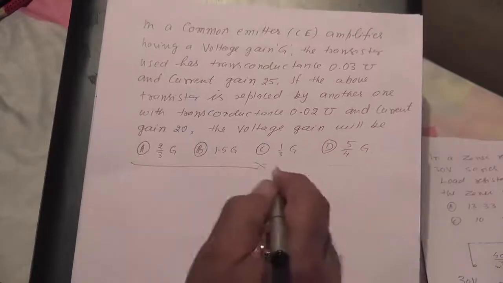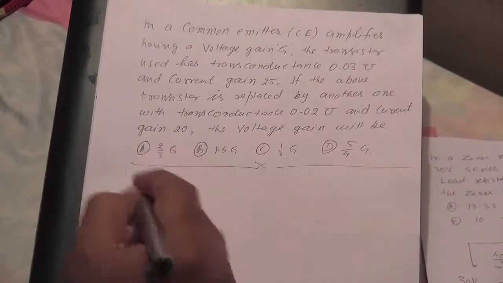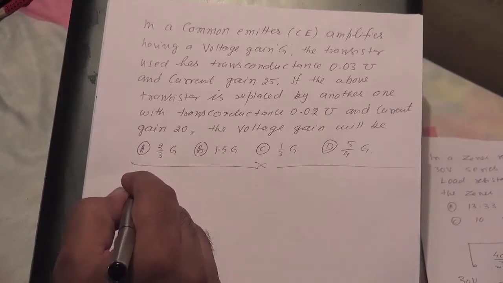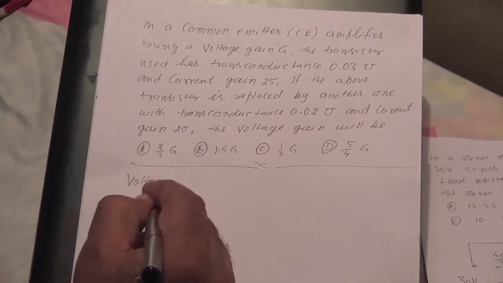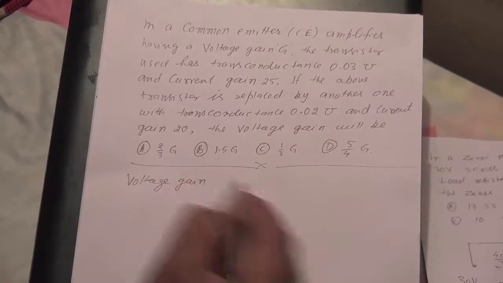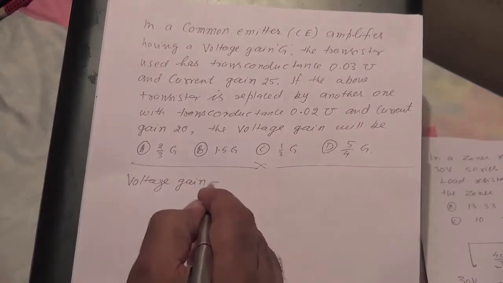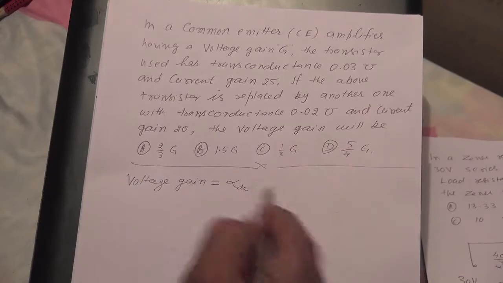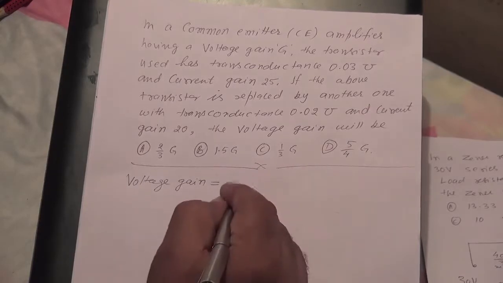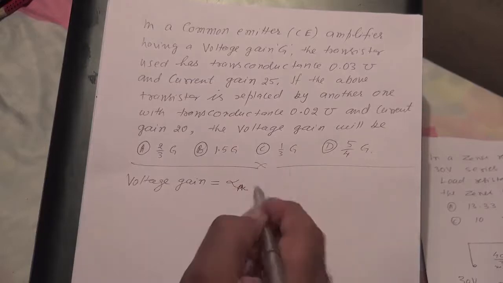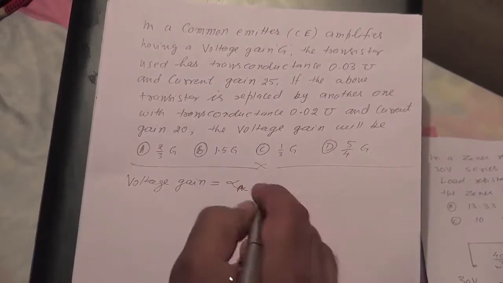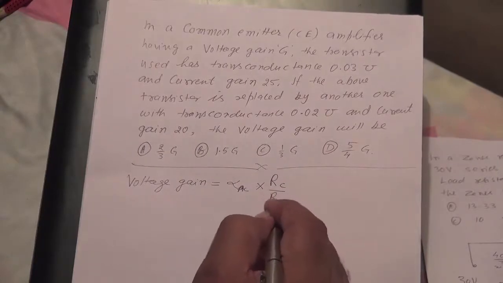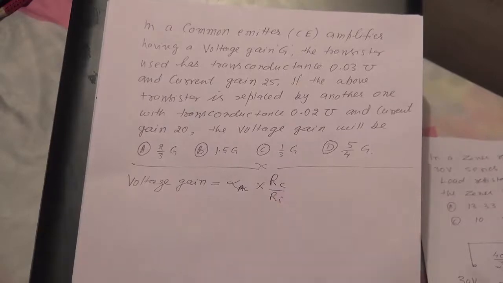Voltage gain. वोल्टेज गेन का फॉर्मूला हमारे पास क्या है? वोल्टेज गेन इज अल्फा डीसी, दैट इज करंट, अल्फा एसी, दैट इज करंट गेन मल्टीप्लाइड बाय रेसिस्टेंस रेशियो आर आउटपुट डिवाइडेड बाय आर इनपुट.